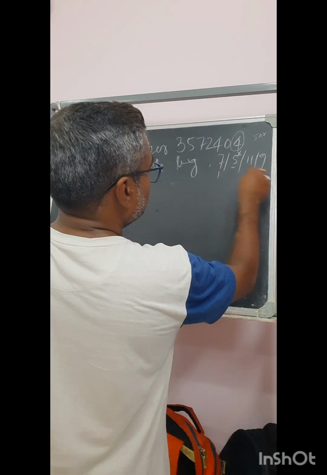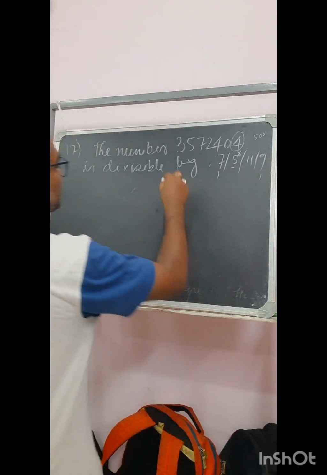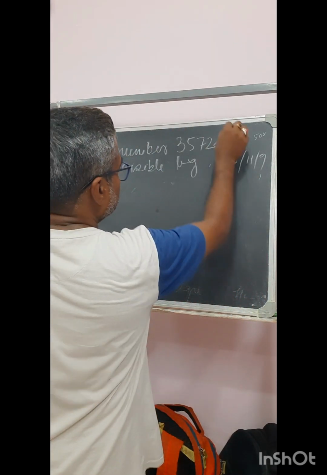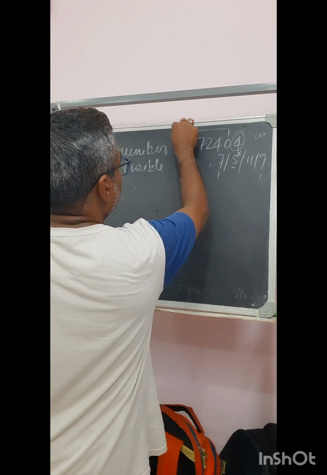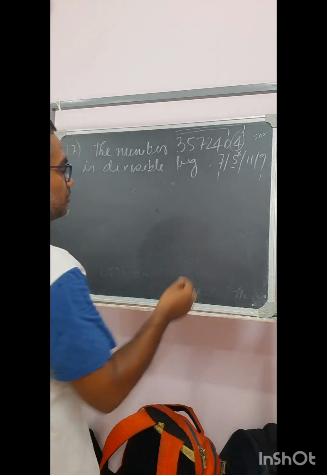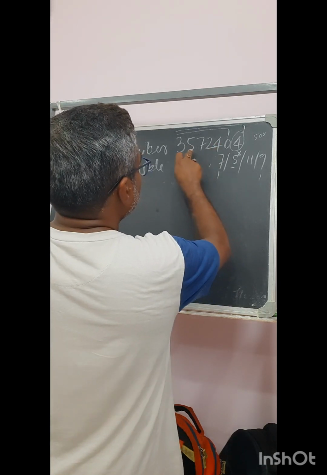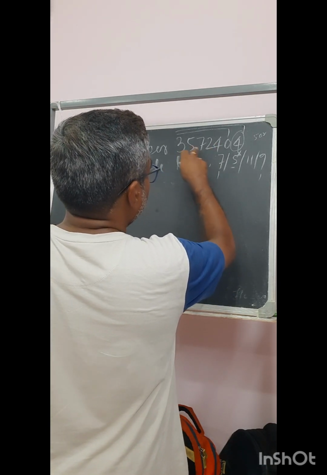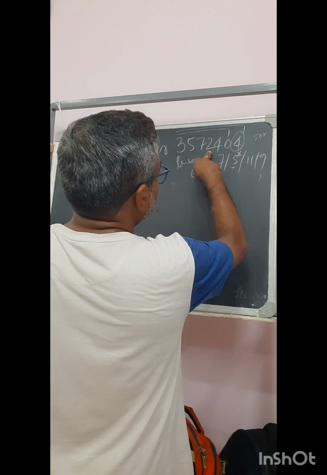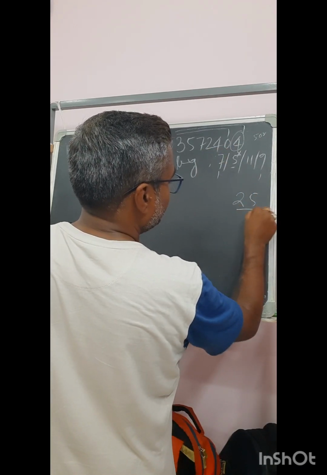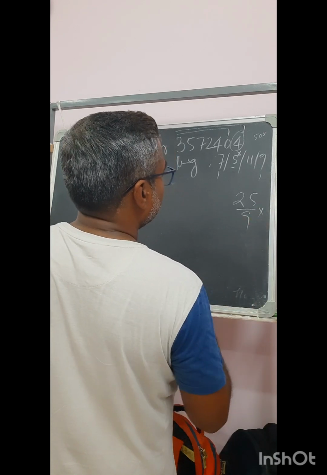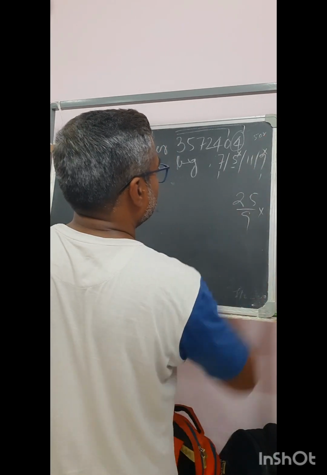Now if I consider 7 and 9, in both cases I have to add the digits. Only thing is that for 7 I have to add up to this, and for 9 I have to add up to this. So let me try adding this number. 3 plus 5 is 8, 7 is 15, 17, 21, 25. So for 9 it is 25. If I divide by 9 it won't divide, so I can eliminate 9 also.